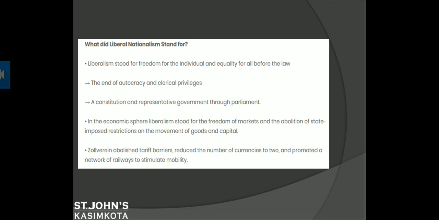19th century liberals also stressed the inviolability of private property. Yet, equality before the law did not necessarily stand for universal suffrage. What is suffrage here? The right to vote.